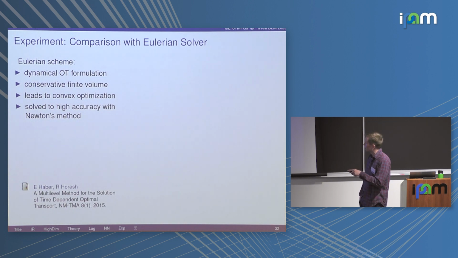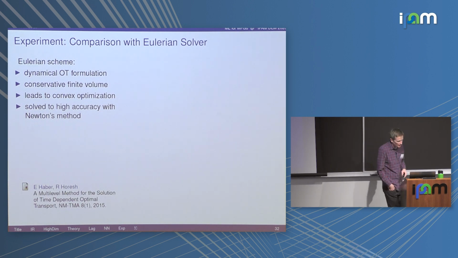You use this dynamical OT. I use the conservative finite volume method, which means that I'm not losing any mass on the discrete level. You end up with a convex optimization problem and not this horribly non-convex machine learning problem that I showed you. You can attack it with Newton's method and solve it to a very high accuracy.